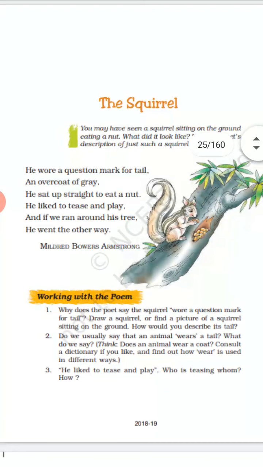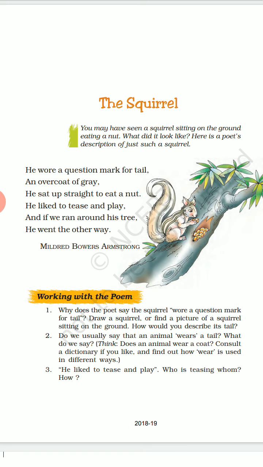Okay, so the poet says that the squirrel's tail is like a question mark because its tail is raised upwards with a tip pointing downwards, or its tail rolls about like a question mark. Is it clear? So the first one is about the tail.